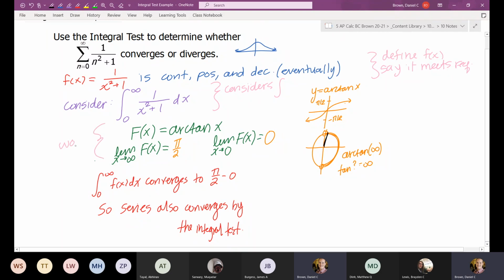Then you have your work. These are improper integrals, so they do require you to show some work to find them. So you have like the antiderivative, you have the limit at the top and the bottom. And then you finish it, so you're going to have the convergence statement of the integral.